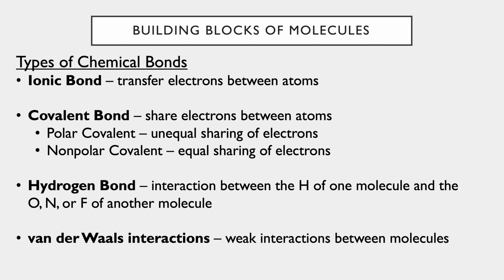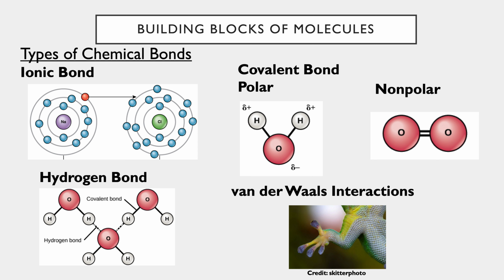So we have some examples of interactions and bonding. Shown here are examples of ionic bonding, where you have sodium and chlorine, where the sodium transfers 1 electron to chlorine to create a sodium chloride molecule, or what we refer to as table salt.